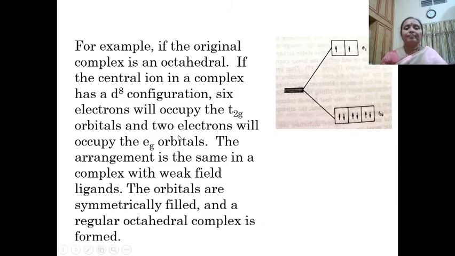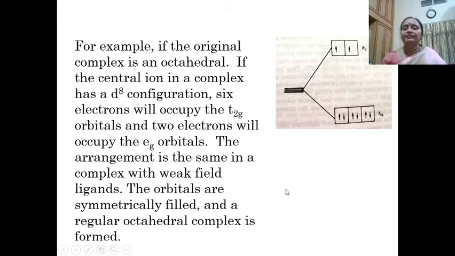For example, if the original complex is octahedral and the complex is of d8 configuration, 6 electrons are going to occupy the t2g and 1 electron each in the eg orbitals.